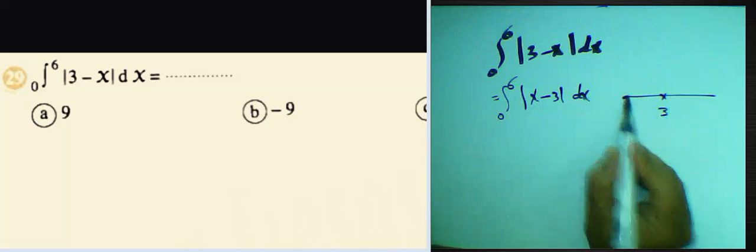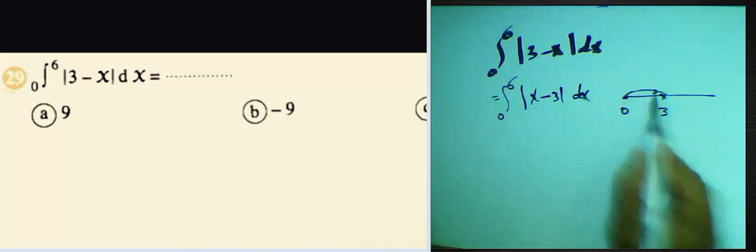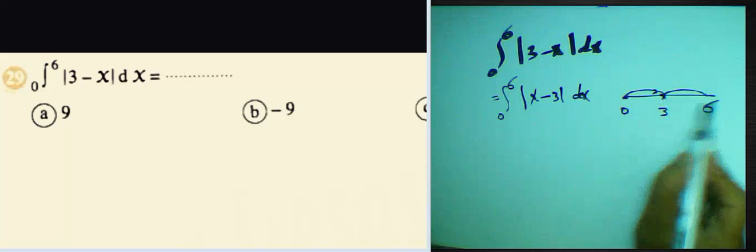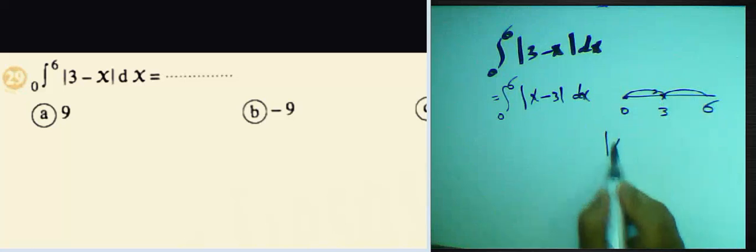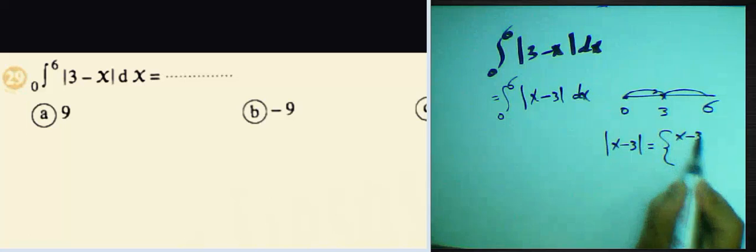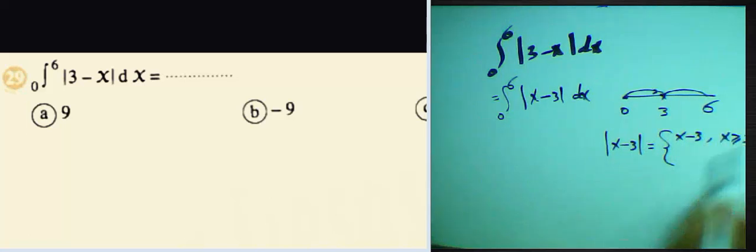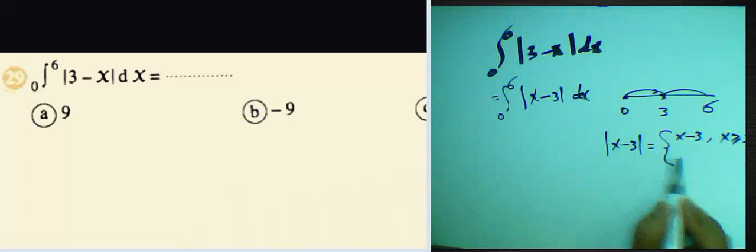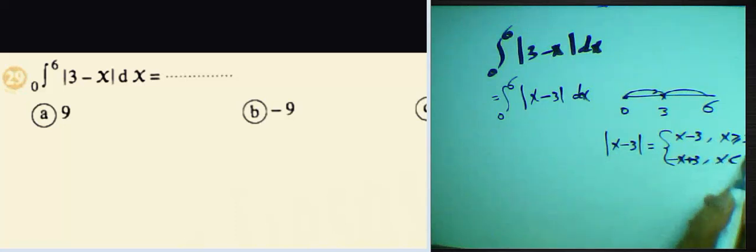So we can write the interval from 0 to 3 and from 3 to 6. And we can write the definition of this absolute value. It will be x minus 3, where x is greater than or equal to 3, or negative x plus 3, changing the sign, where x is less than 3.